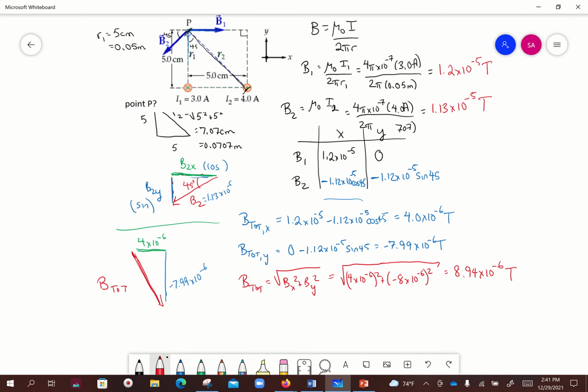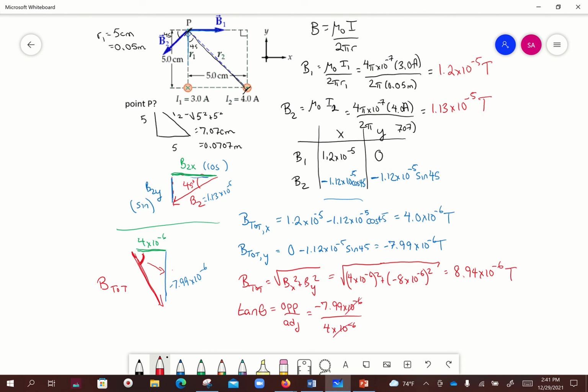What's the angle? Well, my angle, I always use a tangent. Tangent is opposite over adjacent. So tan theta is the opposite over the adjacent, which is minus 7.99 times 10 to the minus 6 over plus 4 times 10 to the minus 6.